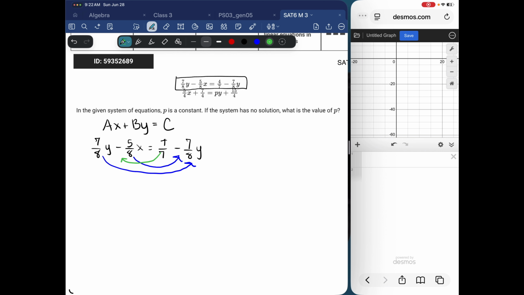So I have 4 over 7. Well, it used to be 4 over 7, so now it's negative 4 over 7 equals, since I'm moving 7 over 8 y to the other side, it's going to be negative 7 over 8 y. I'm also moving the negative 5 over 8 x to the other side, so now it's positive 5 over 8 x. And this last one stays the same, which is just negative 7 over 8 y.